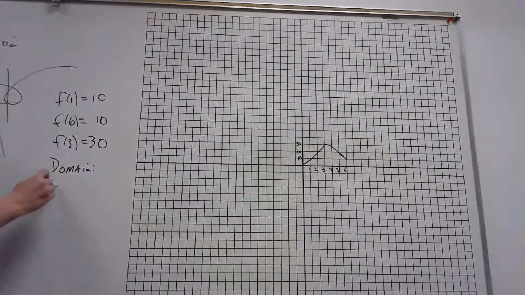So x is an element of, and let's do it in interval notation. It'll be a square bracket, 0, comma, 6, square bracket. Okay? What is the range?